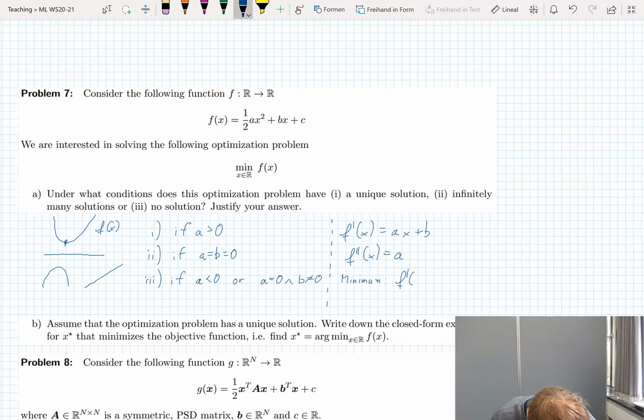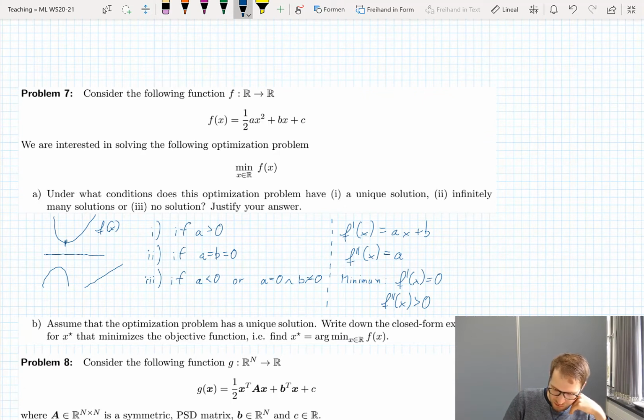So we have a minimum if the first derivative equals 0, and if the second derivative is greater than 0. Right, so greater than 0 means that it's upward bending, and equal to 0 means that it's flat.